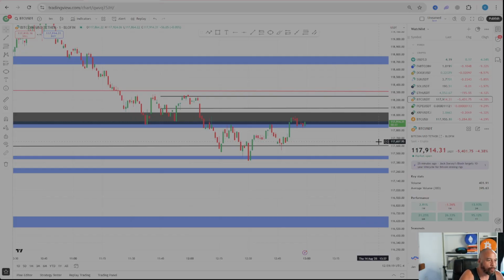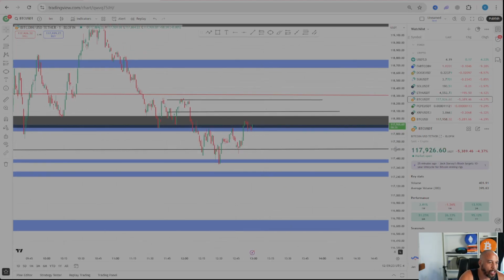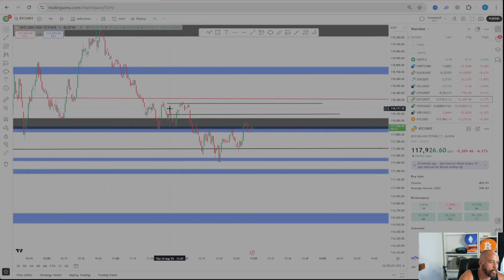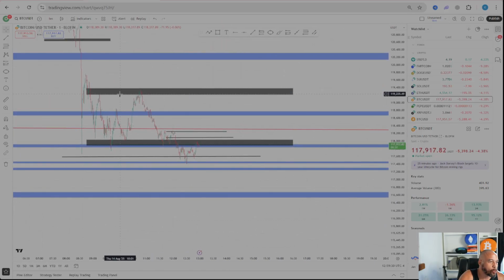All right. Got again. So why I took this short, because this to me, zoom out. This is my swing high. This is my swing low. This is my alert. All right. When I have alert, let's get this in now.